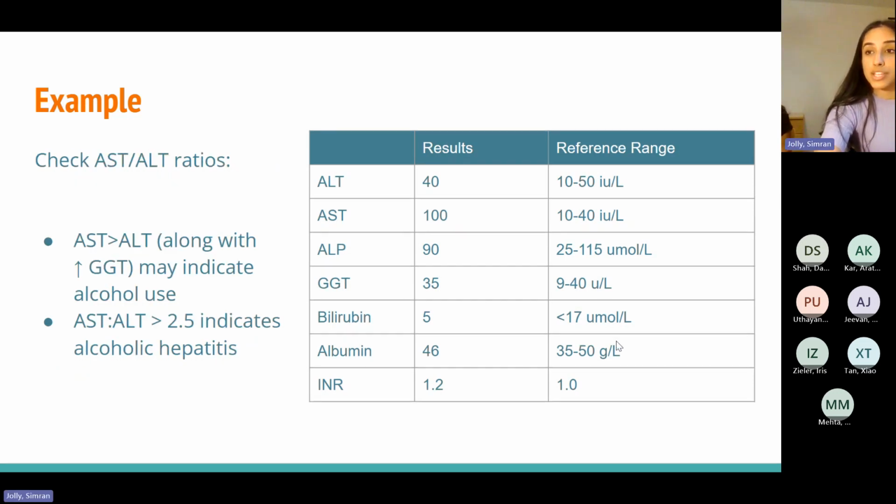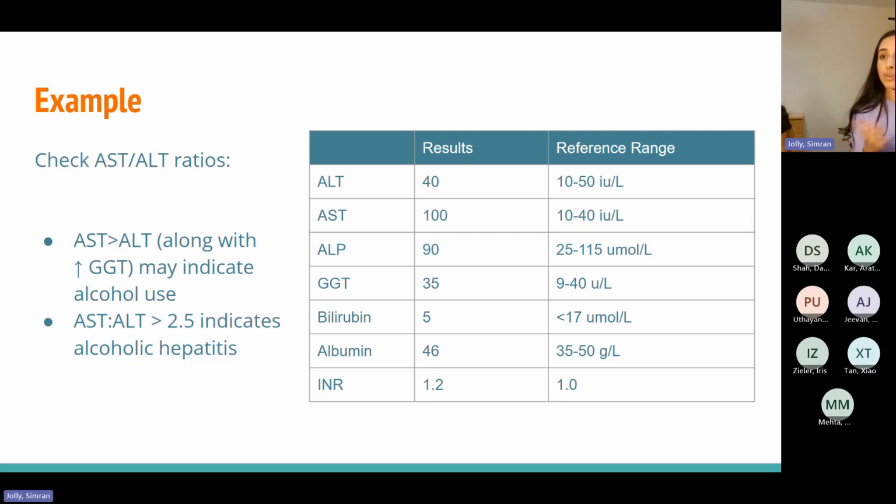And then looking at the ratio between the two. AST is generally indicative of alcohol use, or alcohol overuse rather. So looking at the ratio between AST and ALT, if the ratio is above 2.5, it's quite likely to be an alcoholic hepatitis.